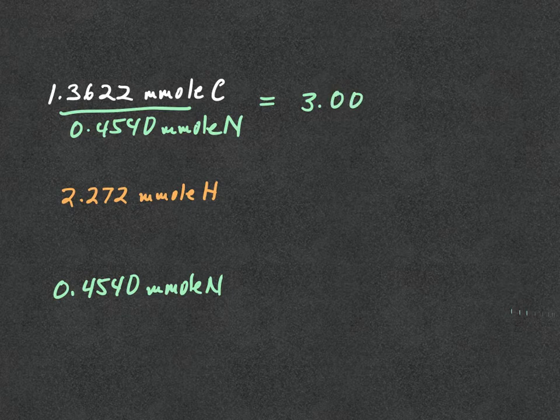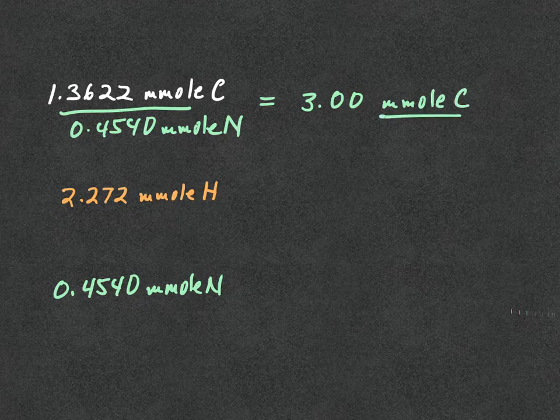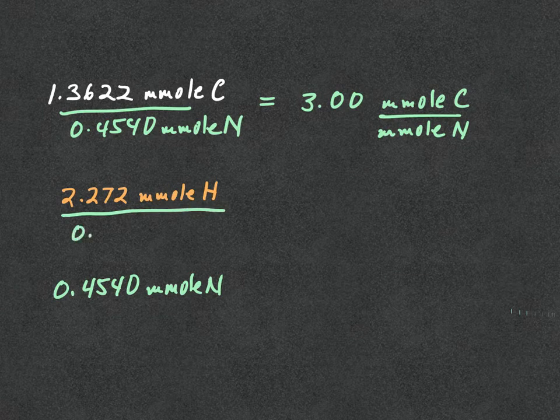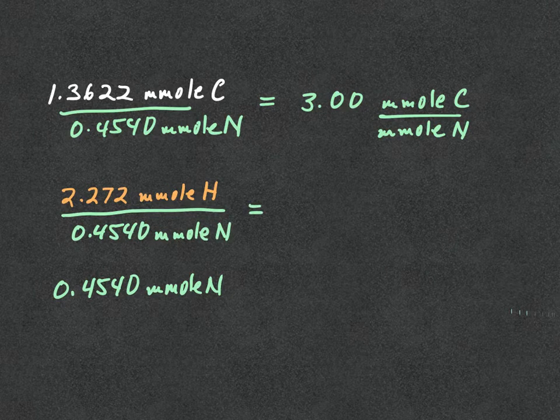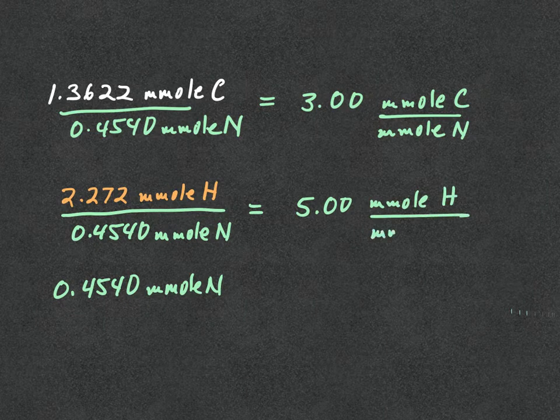And that gives us 3.00 millimoles of carbon per millimole of nitrogen. And we're going to take our 2.272 millimoles of hydrogen and divide it by our 0.4540 millimoles of nitrogen. And we get 5.00 millimoles of hydrogen per millimole of nitrogen.